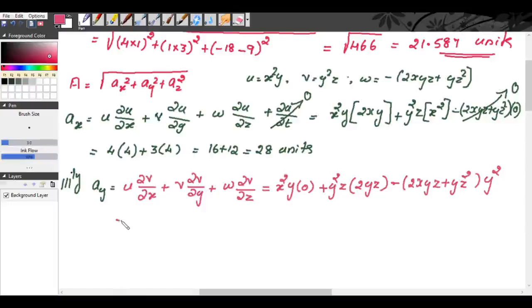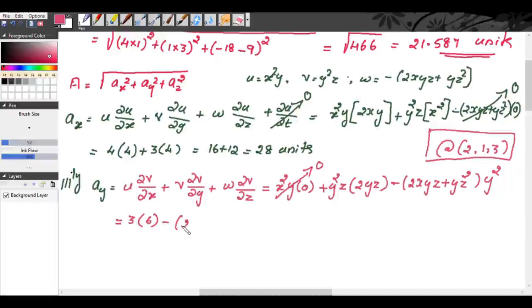Now we will substitute the values. x is 2, y is 1, z is 3. So 4 into 1 into 0. Okay, so this term becomes 0. So y is 1, z is 3, 3 into 2 3s are 6.